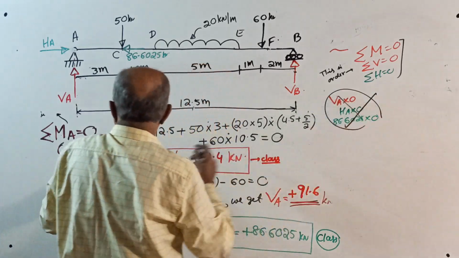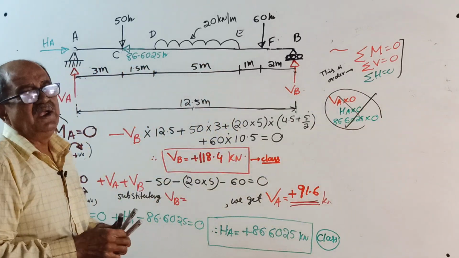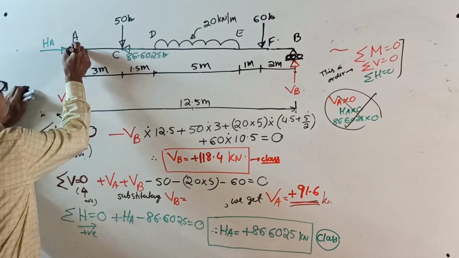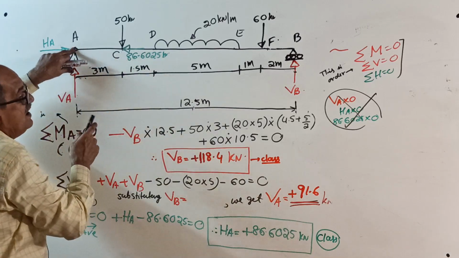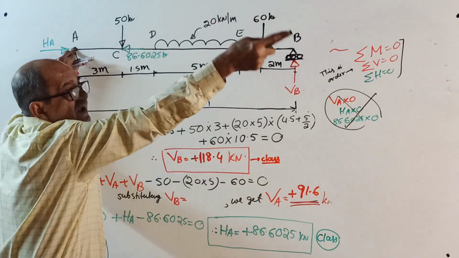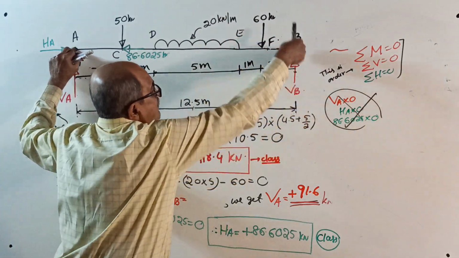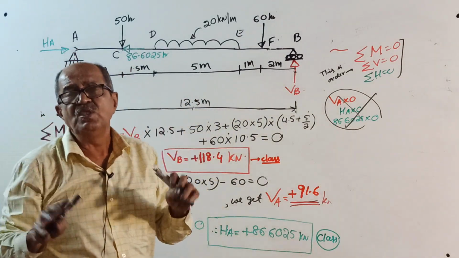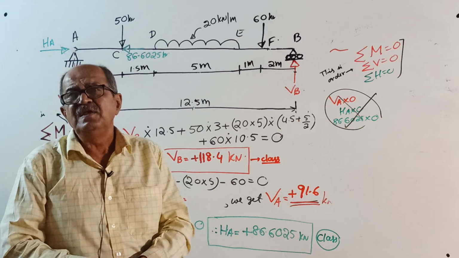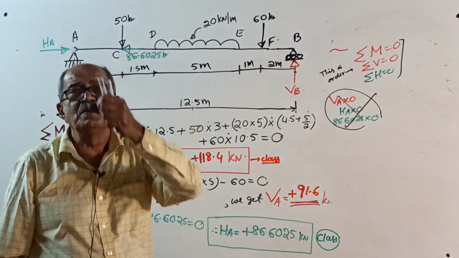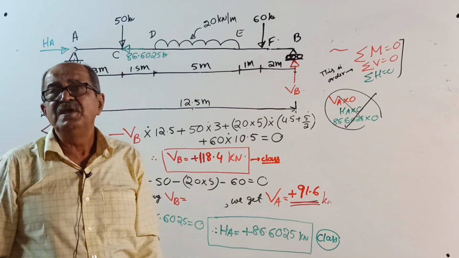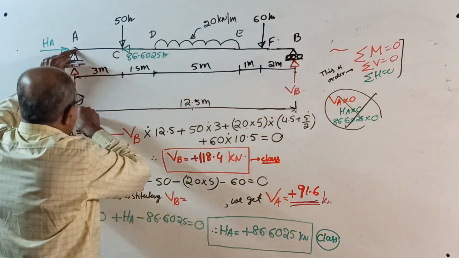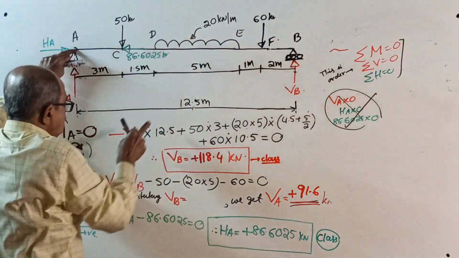When you take moment about A, I told you thousands of times, put your finger at A. Don't remove the finger. I always start from the other side. VB into 12.5. How to take moment, I won't explain now. VB into 12.5 is anti-clockwise, so minus.